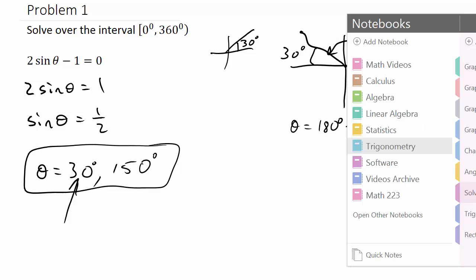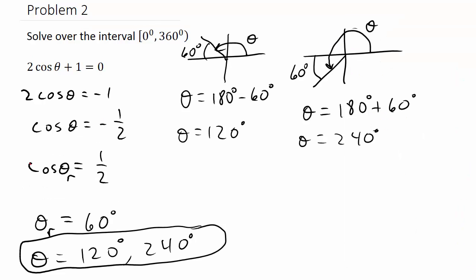But over here in this problem, I have my trig function equals a negative number. So what I do is I change this negative to a positive, and since I changed it from a negative to a positive, I'm going to denote this as just my reference angle because it's not going to be a solution. The reference angle in this problem will not be a solution because the trig function equals a negative.